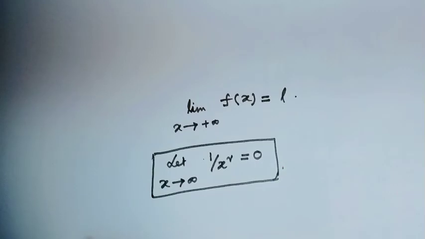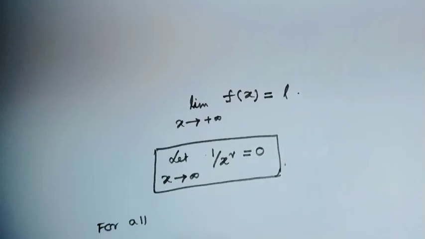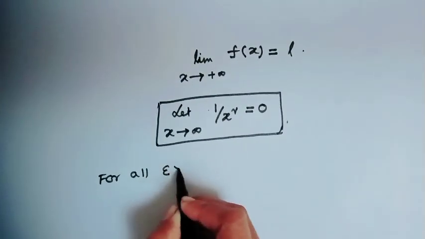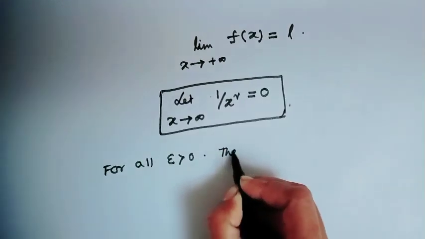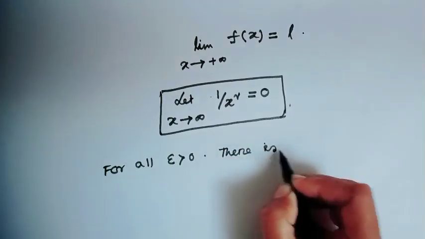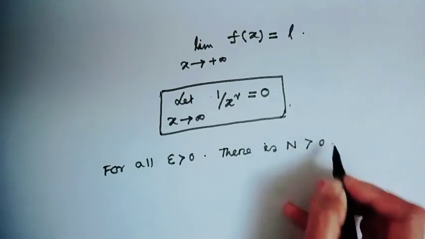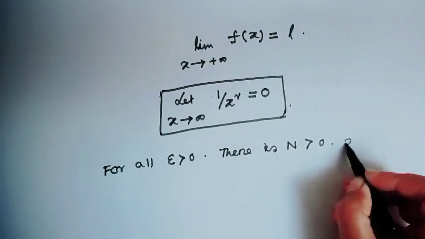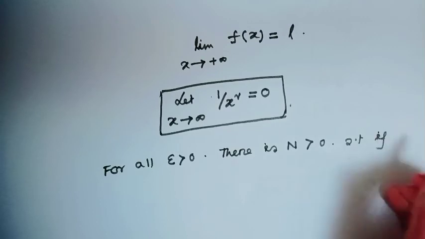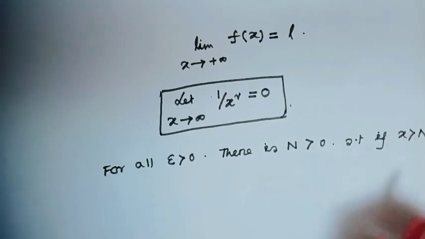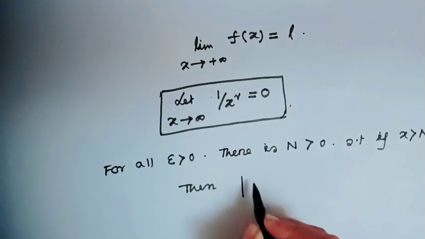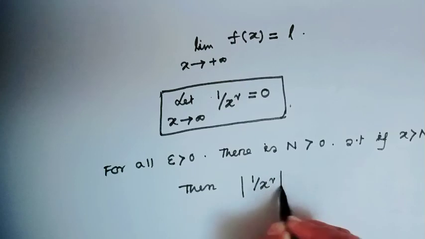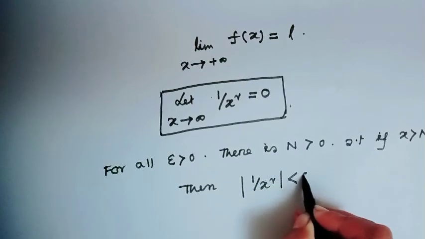This means for all epsilon greater than 0, there is a capital N greater than 0, such that if x is greater than capital N, then the absolute value of 1 over x square is strictly less than epsilon.